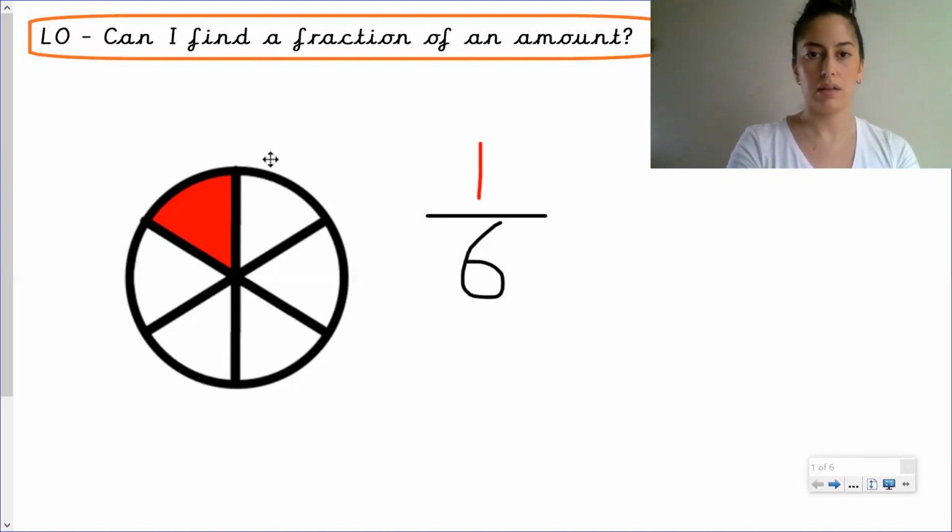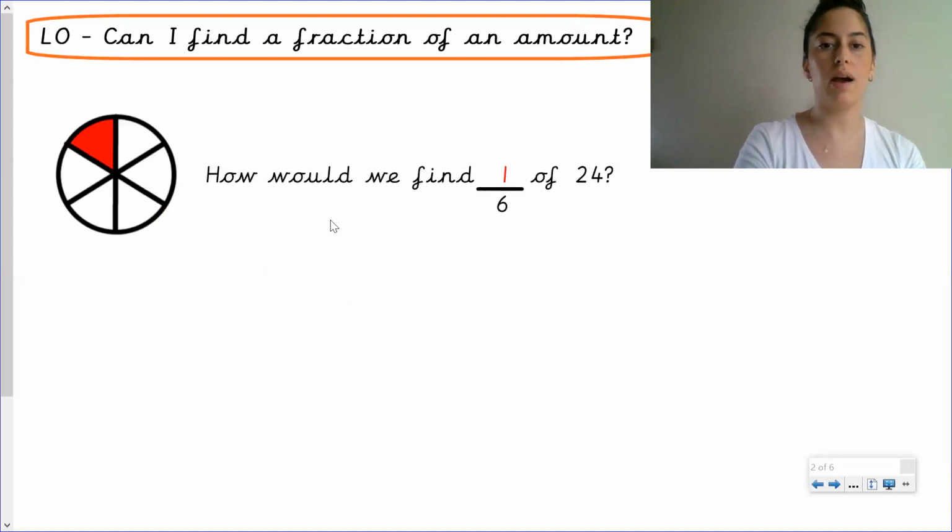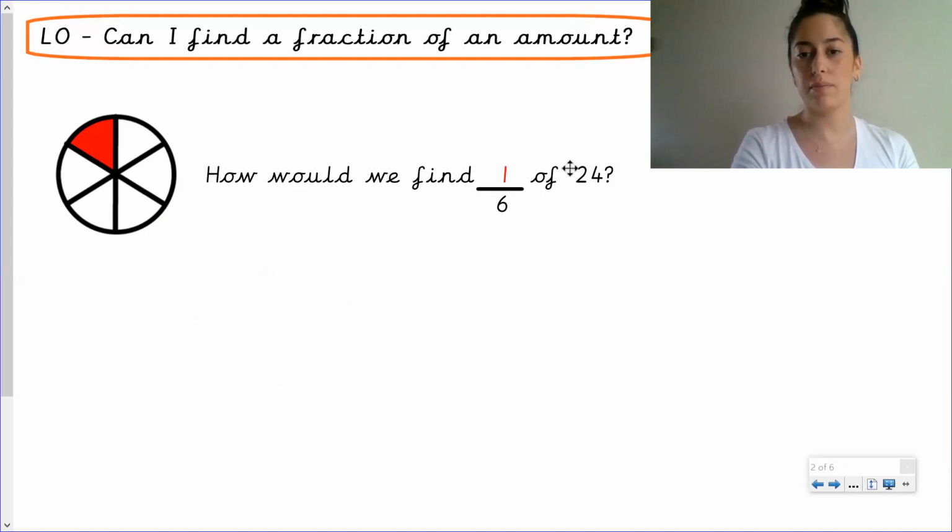So thinking back to what we know, how would we find 1/6 of 24? Remember that now we're finding a fraction of a number, so of an amount. So the amount is our whole number. So 24 is our whole. Pause the video, have a go at finding 1/6 of 24, and then play the video when you're ready.